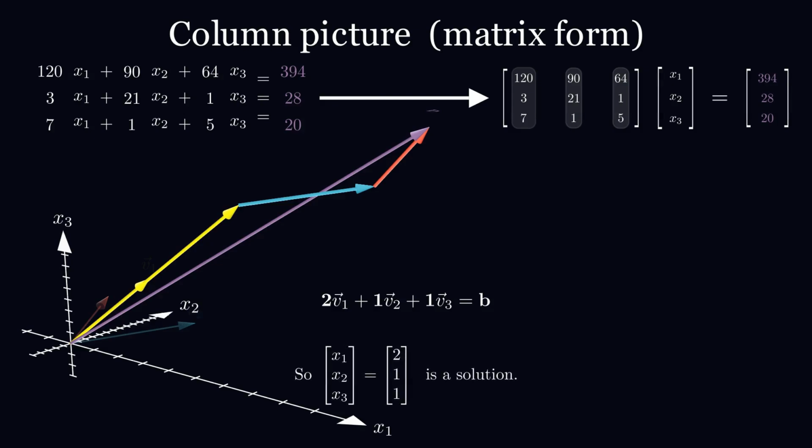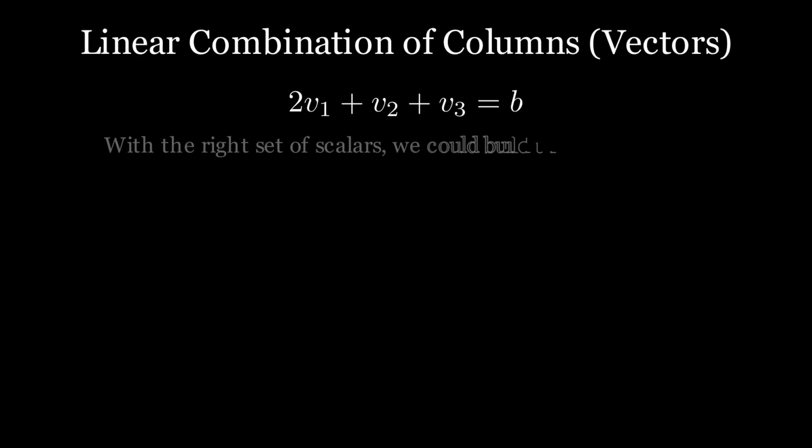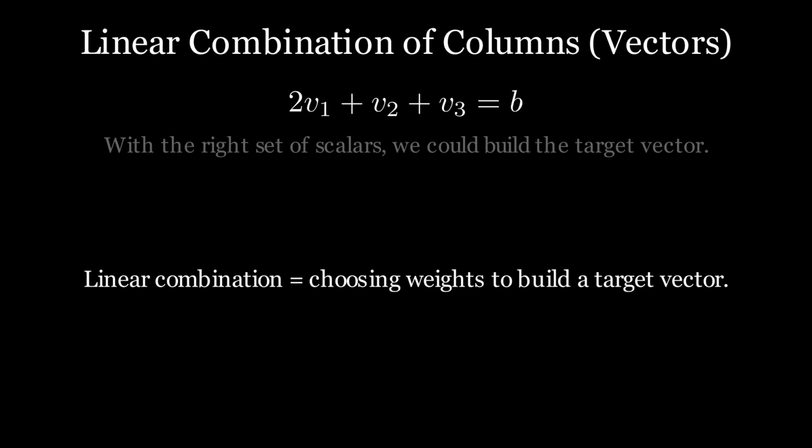This gives us a completely different way of thinking about linear systems, not as equations, but as building one vector from others. So let's take a moment to summarize. In our example, we saw that with the right set of scalars, we could build a target vector. And actually, this idea is the key to understanding linear systems from the column point of view. A linear combination simply means choosing weights to build a target vector.